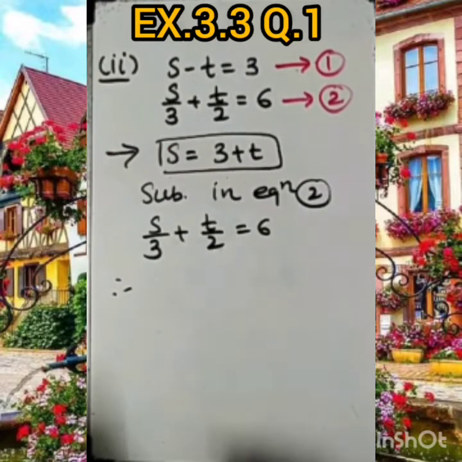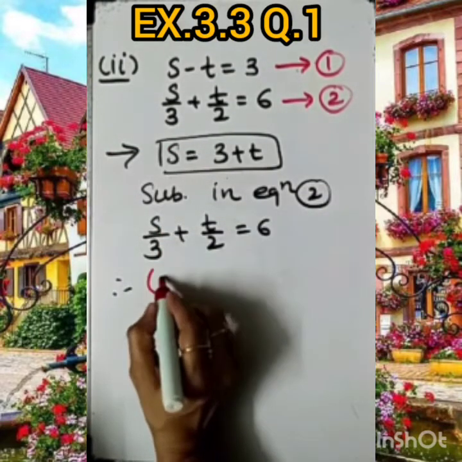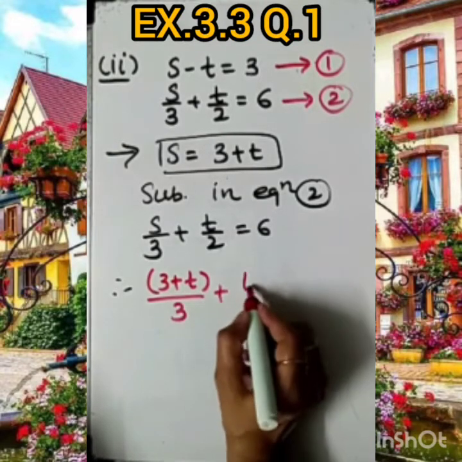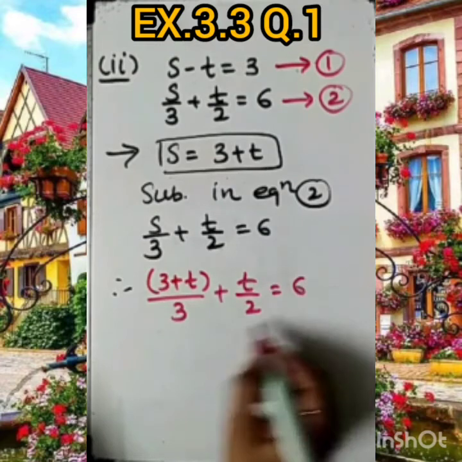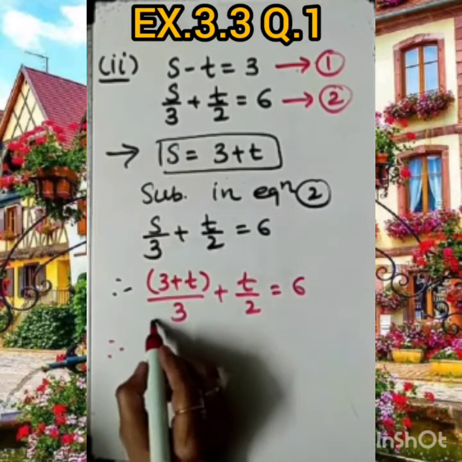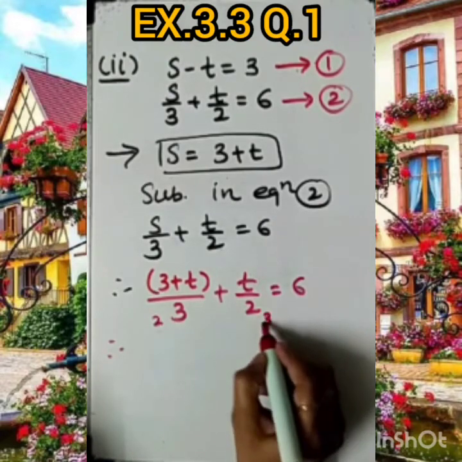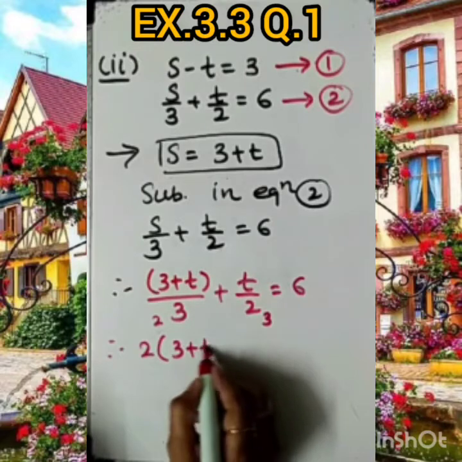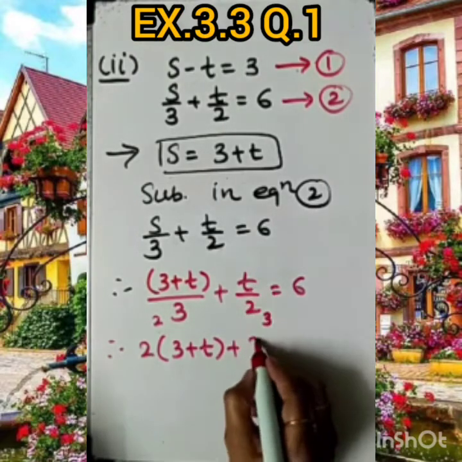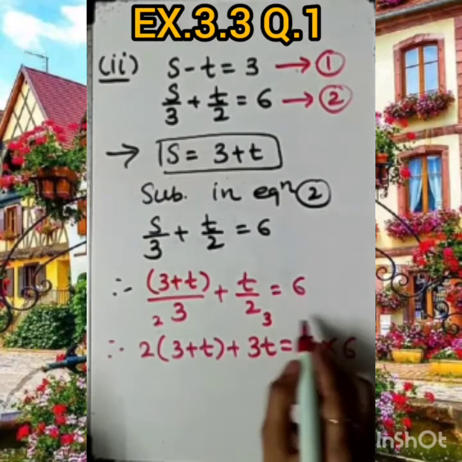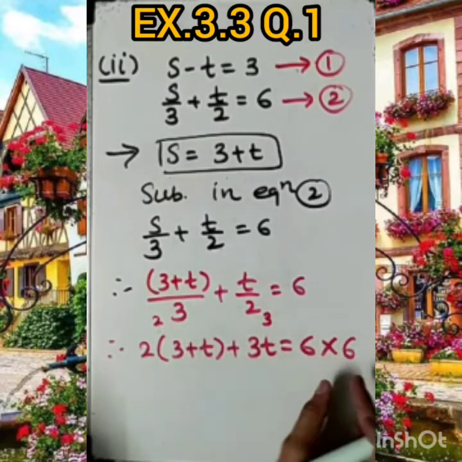Now substituting the value as 3 plus t over here, and this is 3, this is t by 2 equal to 6. So dear student, here the LCM is 6. So I need to multiply here with 2 and here with 3. So 2 in bracket 3 plus t, and here 3 into t, 3t, and 6 into 6, because we know the LCM of this is 6.